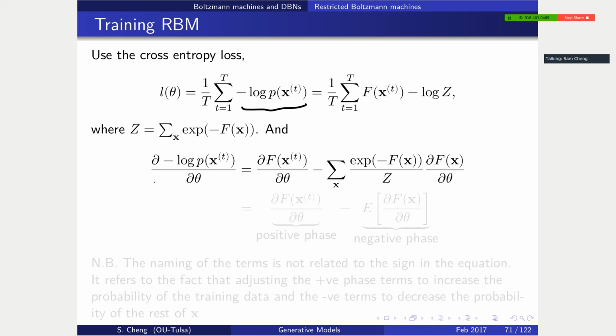I look at the gradient to see how it changes with respect to the parameter. Taking the derivative of this will be equal to taking the derivative of F(x), and Z is equal to the sum over x of exponential minus F(x).